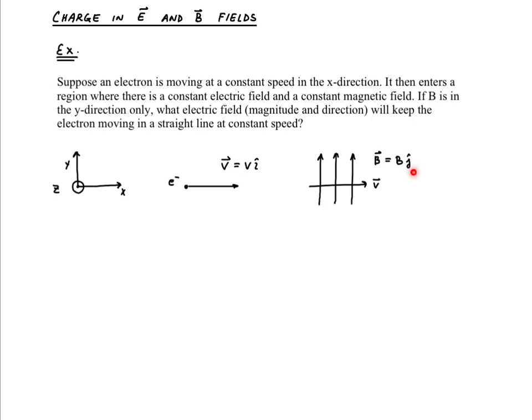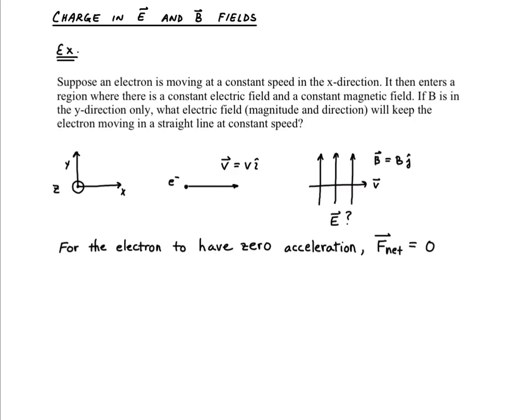Now we want the electron to move straight across without accelerating, either increasing its magnitude or changing its direction. Both would represent acceleration. So we want to turn on an electric field in a certain direction with a certain magnitude to be able to do this. So for the electron to have zero acceleration, Newton's second law says that the net force must be equal to zero.